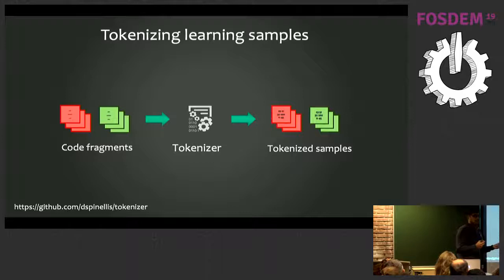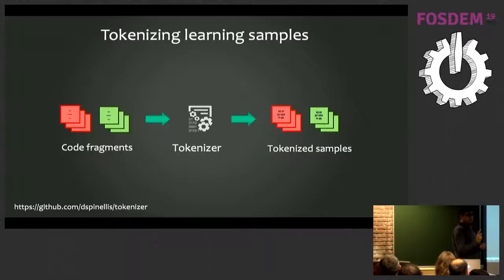Tokenizer defines specific ranges for specific tokens. For example, all the reserved keywords are always assigned the same token. And all the user-defined symbols are also assigned a specific range of tokens.